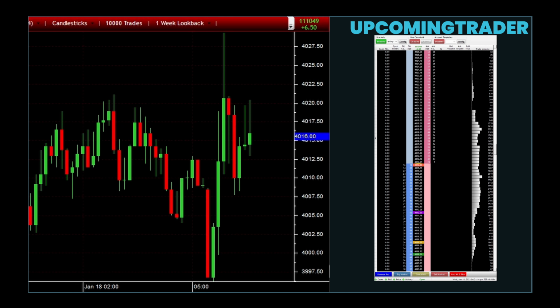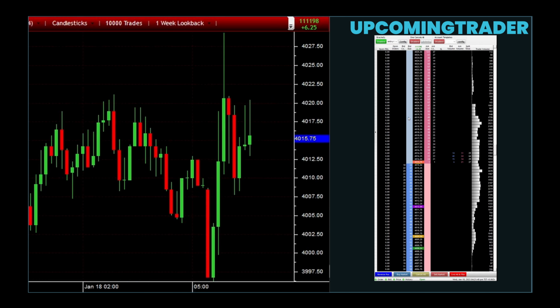Another significant pattern is the head and shoulders, which is a reversal pattern that can indicate the end of a trend. It features 3 peaks, with the middle peak, the head, being the highest, and 2 smaller peaks, the shoulders, on either side. When the price breaks below the neckline, a trend reversal from bullish to bearish is typically confirmed.